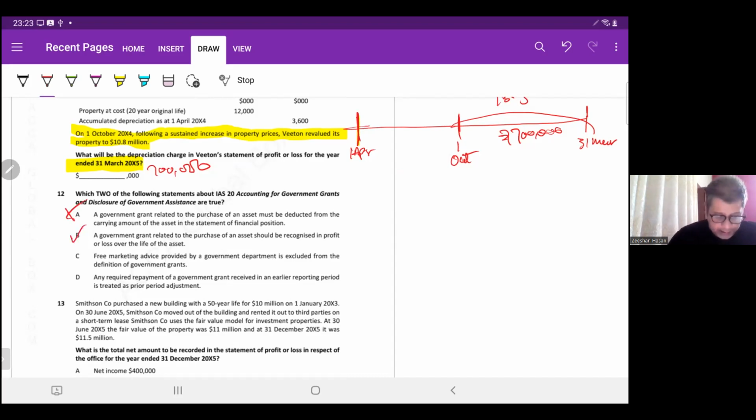Yes, this is the right one. And free marketing advice provided by the government department is excluded from the definition of government grant. Yes, this is also right, because item A is incorrect as a deferred income method can be used. Item D is incorrect as any repayment is corrected in the current period, not retrospectively. Okay.